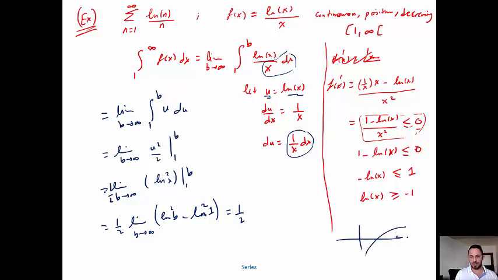So it keeps increasing further, so it is infinity. Therefore it is divergent. Therefore, if the integral of the function is divergent, the series of ln n over n is divergent.